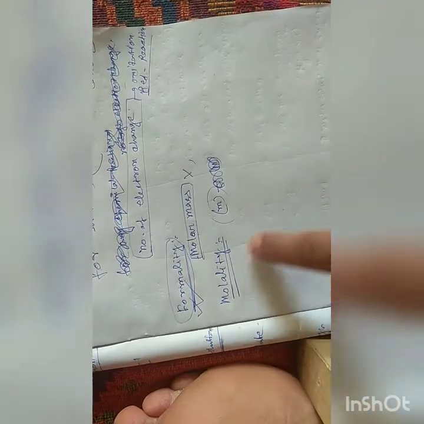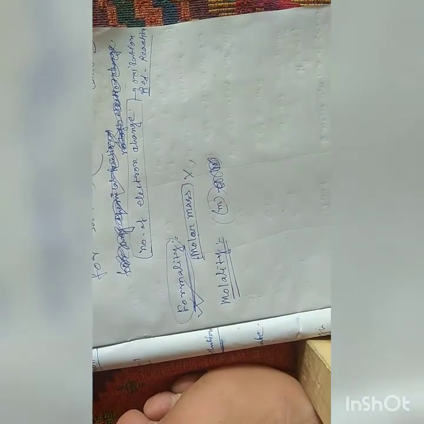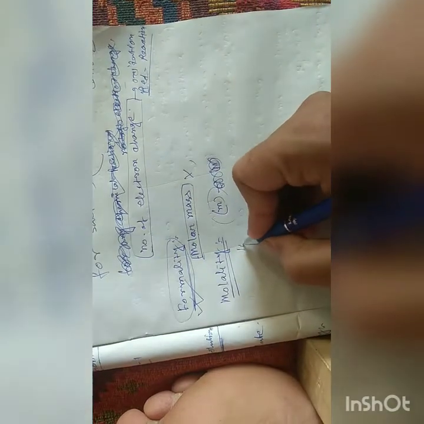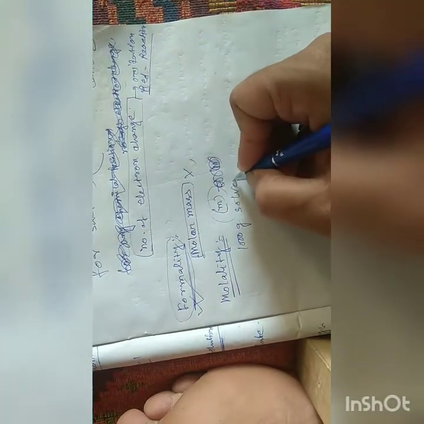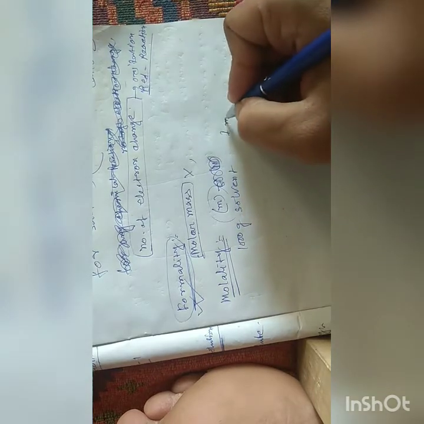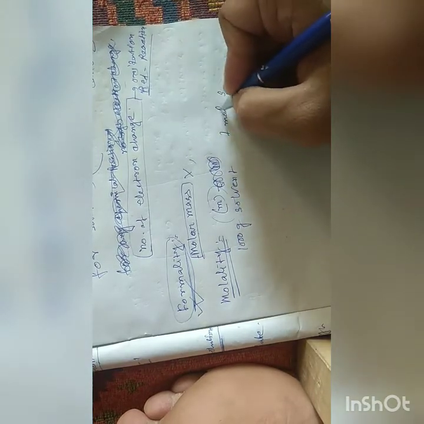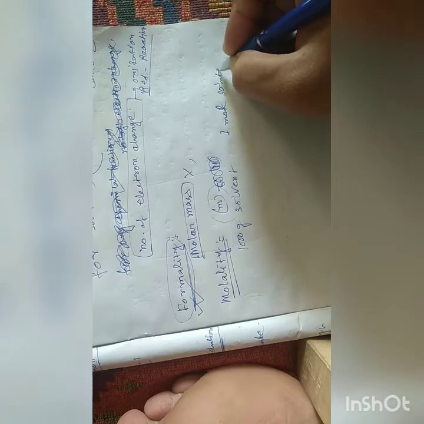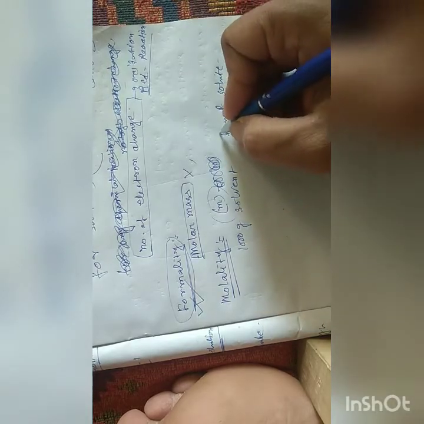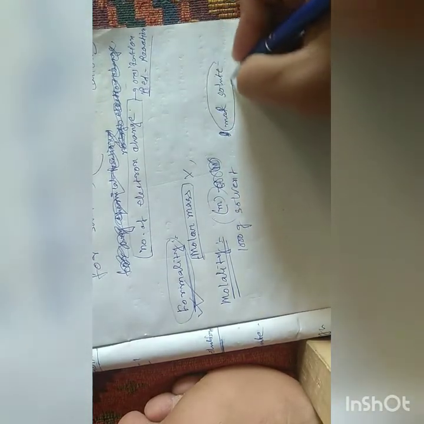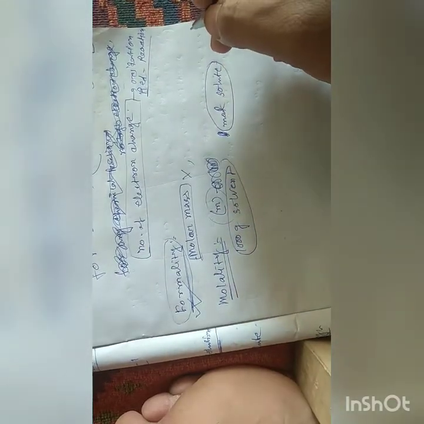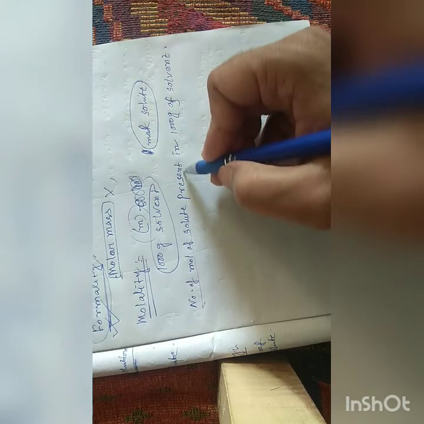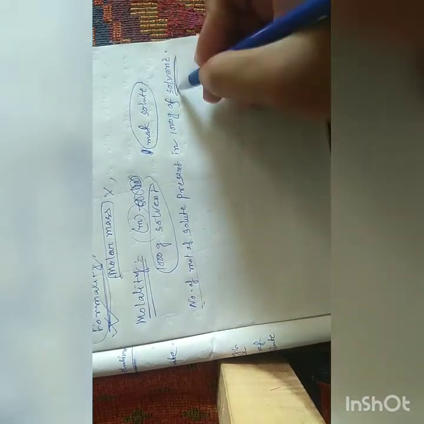This is 1000 gram of solvent, not solution. 1000 gram solvent and 1 mole solute, or a number of moles of solute. This is molality. It is defined as the number of moles of solute present in 1000 gram of solvent.